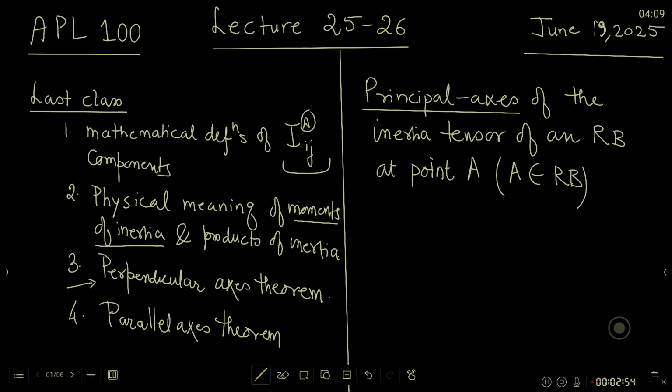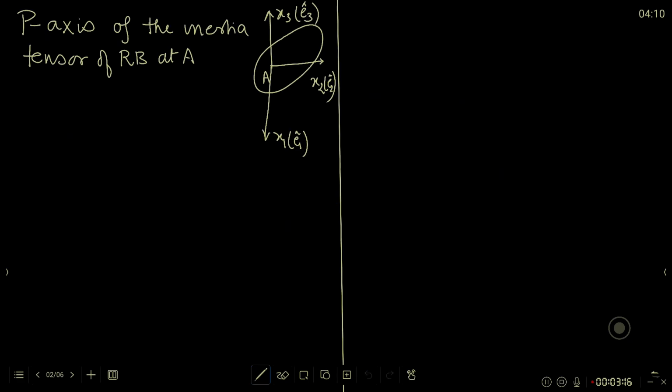Now moving on, next we want to study what we call the principal axis of the inertia tensor of an RB at point A. What is meant by principal axis? I will define. So let's consider this body M, RB M. A is a point which is fixed on the RB as usual.